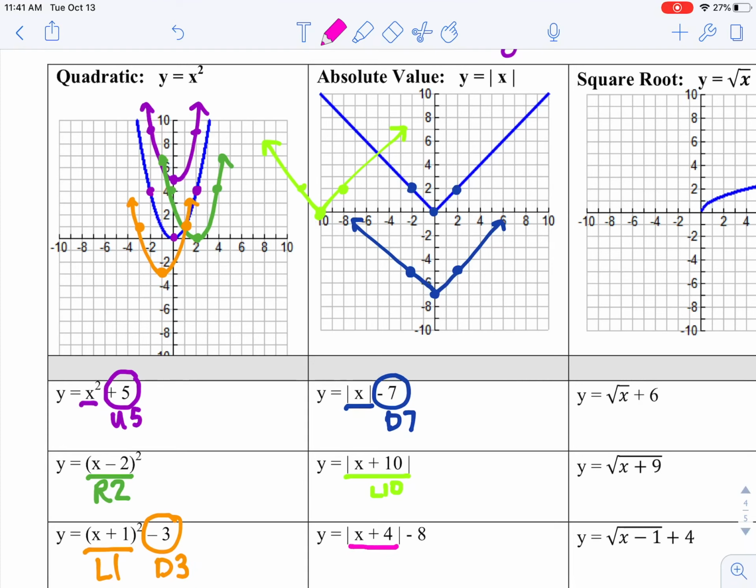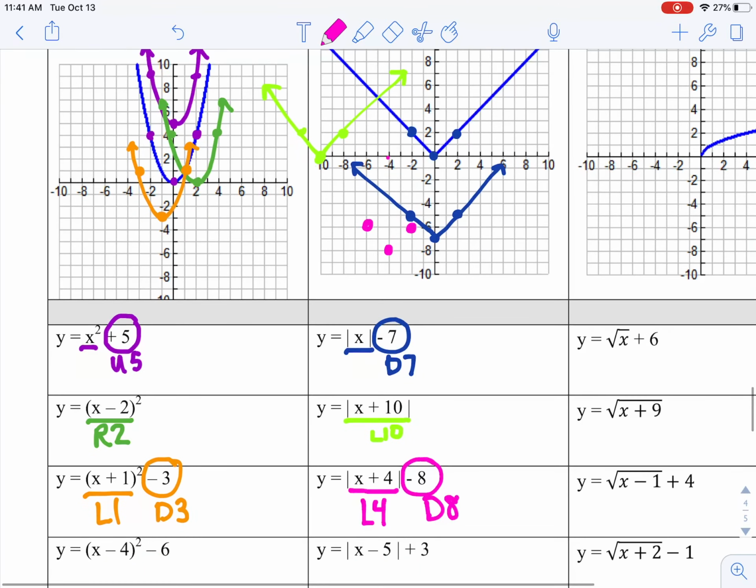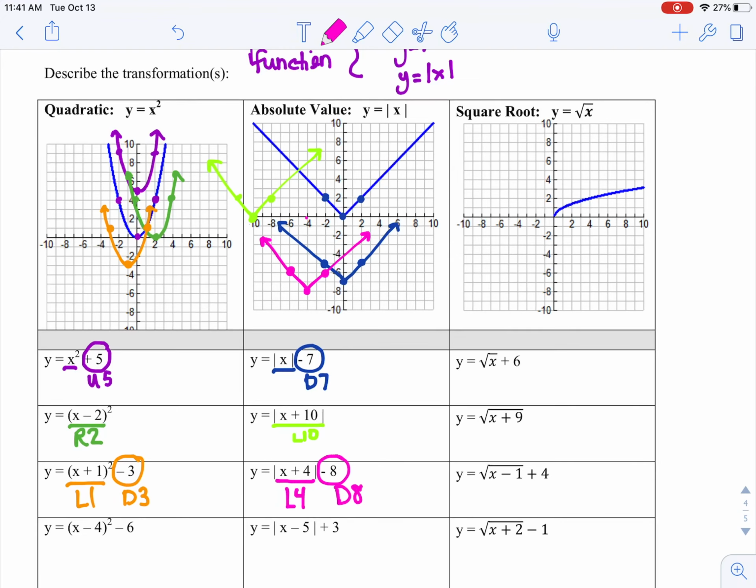Next one, I have x plus 4, and that's in the absolute value sign, so that's like going left 4, minus 8, down 8. We can move our graph left 4, down 8. Regraph my points. And you can graph your points there.